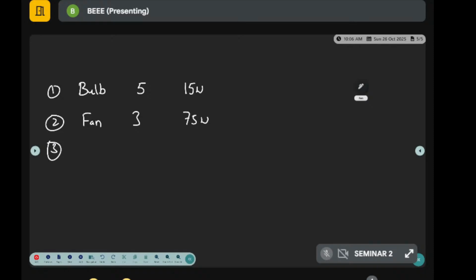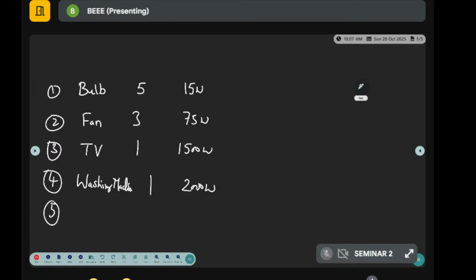Third one is TV, one TV of 1500 watt. Fourth one, washing machine of 2000 watt. And fifth one is laptop, otherwise electrical cooker.